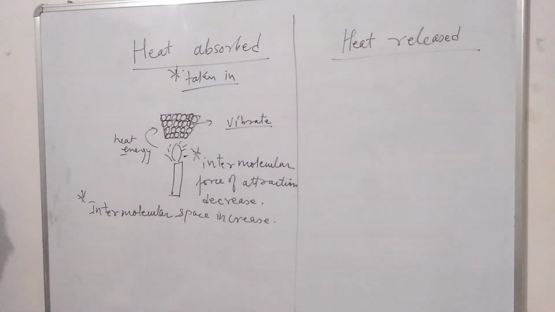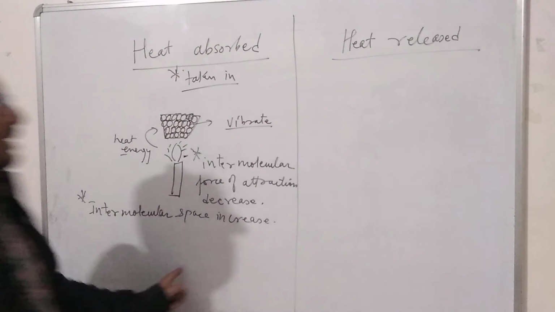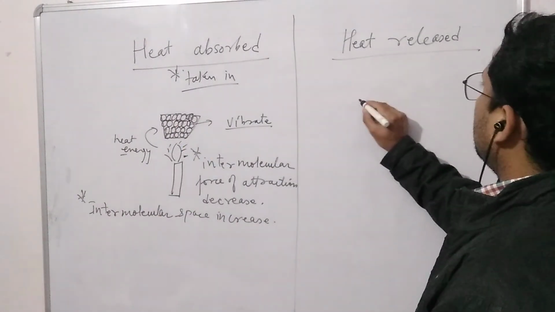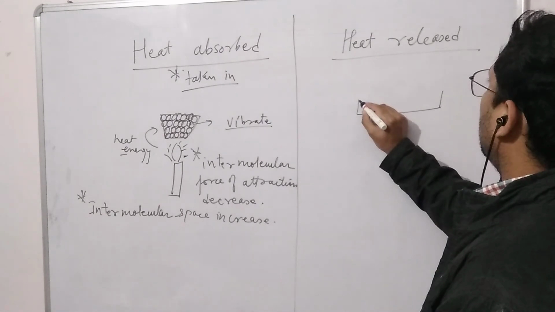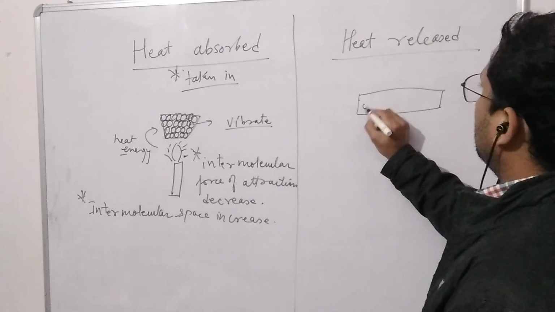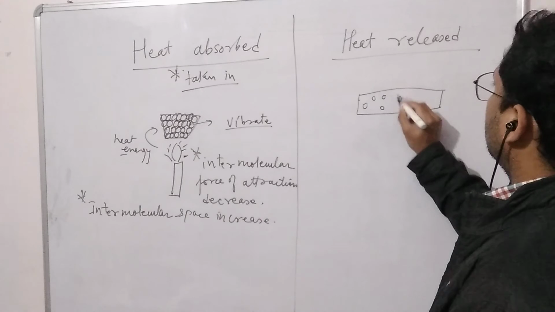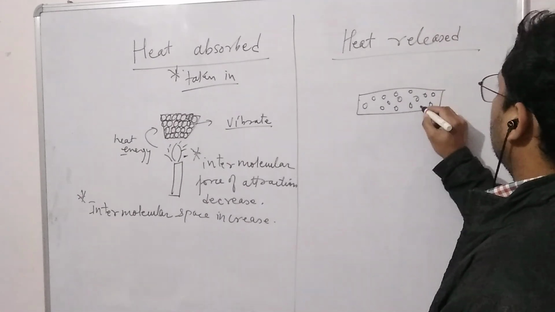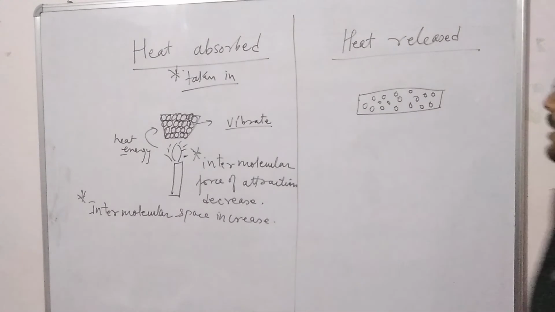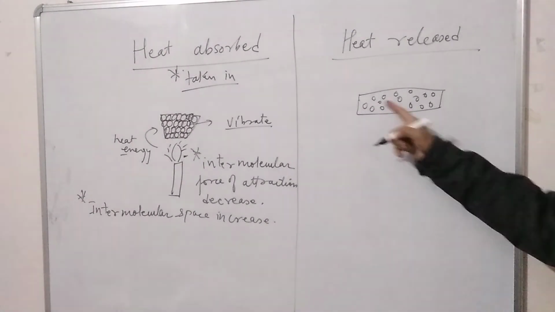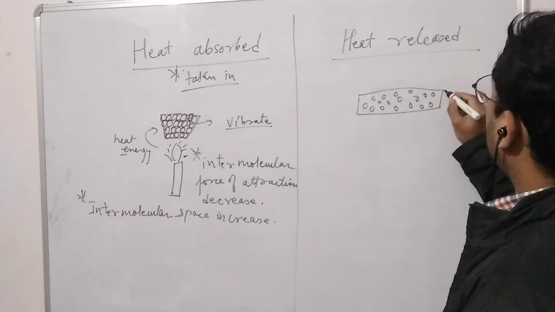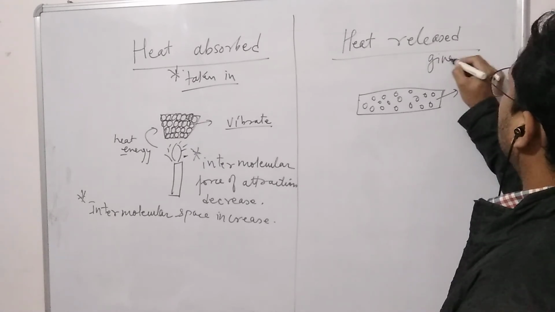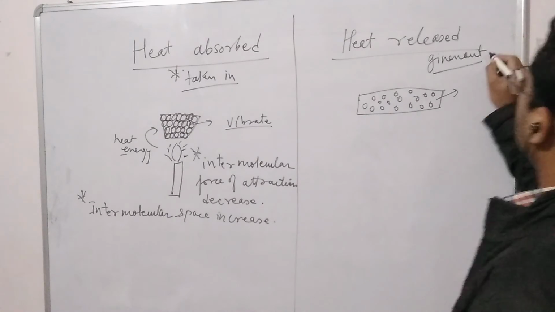Okay? Same way, consider now heat release. We now understand heat release. Consider here the molecules of water, that is liquid. Okay? Now, they have enough space now. Now, we take away, heat release means actually given out.